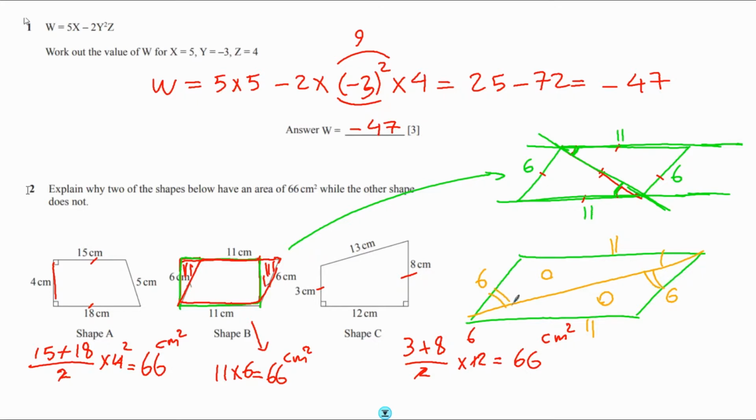And because alternate angles are equal, those two lines are parallel. So this can be proved to be a parallelogram, and for a parallelogram the area is the product of two sides, as I mentioned. 11 times 6 equals 66 centimeters squared.